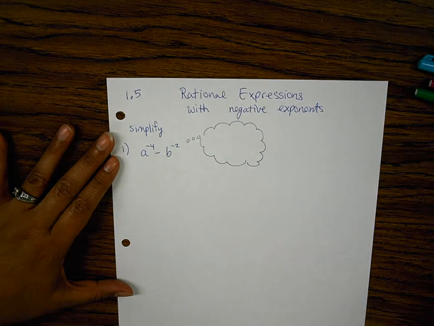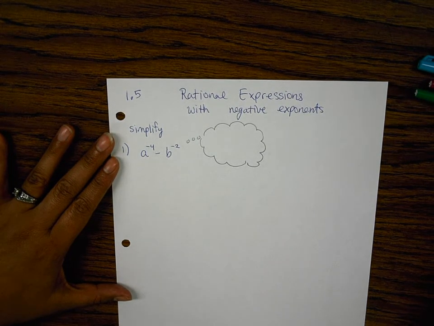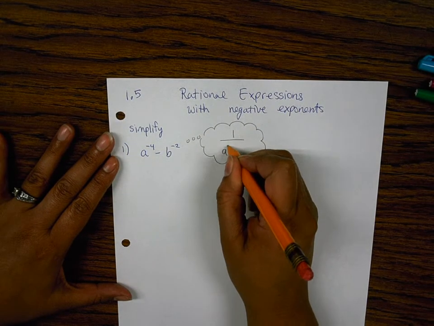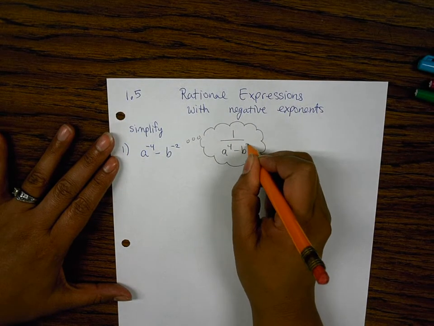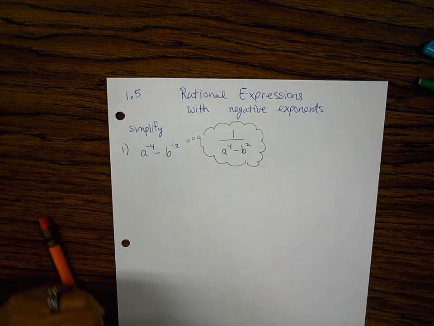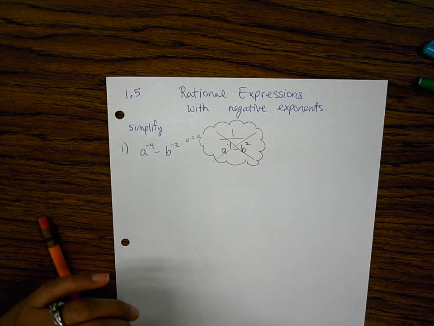Kids will say, well, I remember from math 2 and math 1, when you have a negative exponent, you move it to the bottom. So they do this, 1 over a to the fourth minus b to the second. And that is incorrect. Please do not make that mistake.